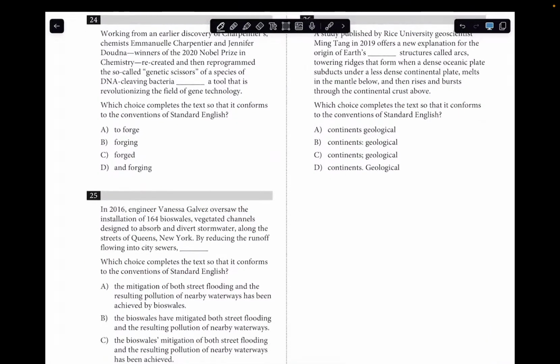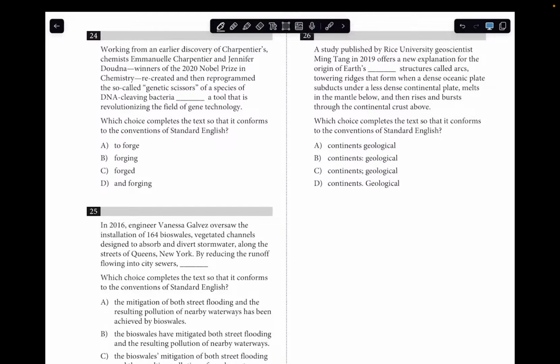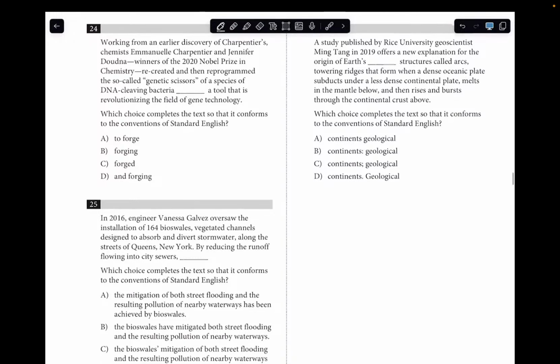24. Working from an earlier discovery of some chemists, the winners of the 2020 Nobel Prize in chemistry recreated and then reprogrammed the so-called genetic scissors of a species of DNA-cleaving bacteria blank, a tool that is revolutionizing the field of gene technology. To forge, no. That actually could be plausible. We'll come back to that.